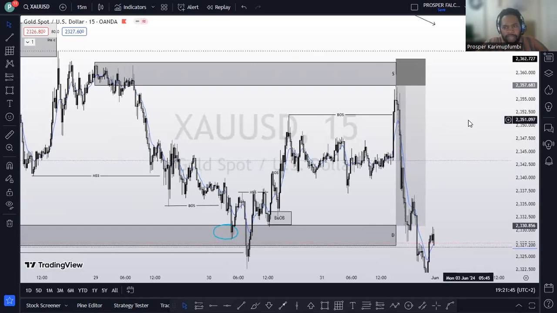Another thing, I also shared a setup on US100, but it didn't play out as expected. It didn't come back to the points of interest that we were expecting it to come and mitigate. It continued going to the downside, and we actually ignored it because it didn't play out as expected.